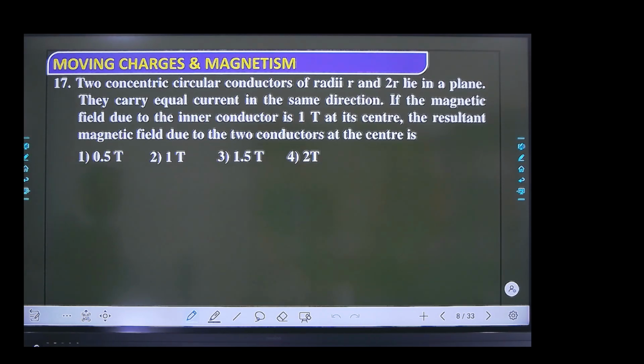Two concentric conductors of radius r and 2r lie in a plane. They carry equal current in the same direction.